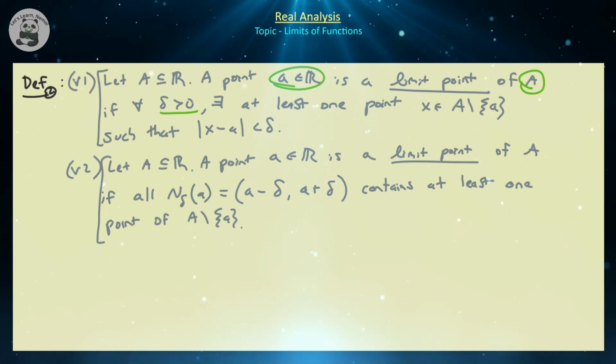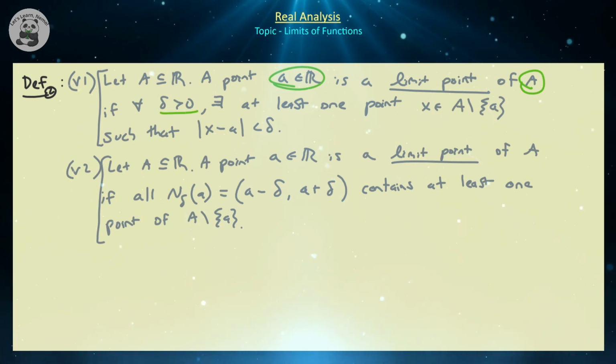Now, that definition is perfectly fine, but typically we're working in the same metric space R with the typical metric of absolute value of x minus y. So in some sense, it's more useful to view this definition from the perspective of neighborhoods. An equivalent definition is the following.